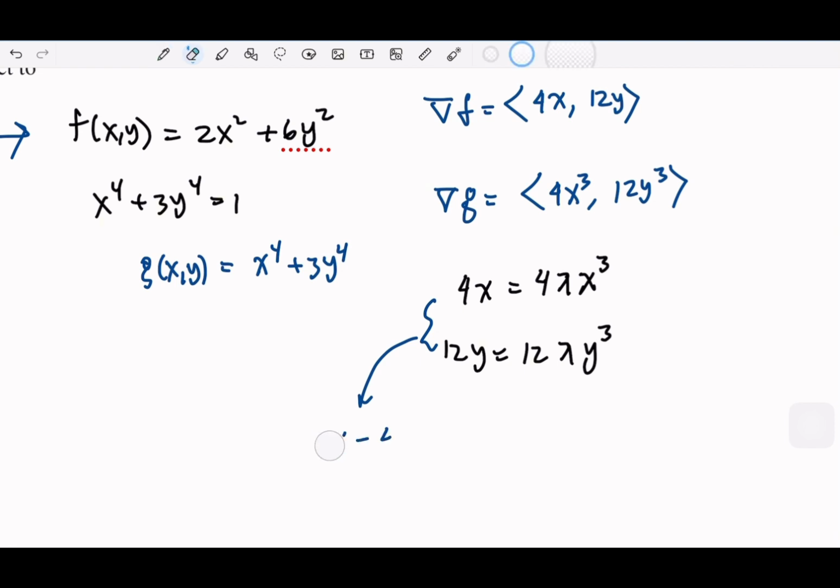Let me directly write this as 4x times 1 minus lambda x squared, right?